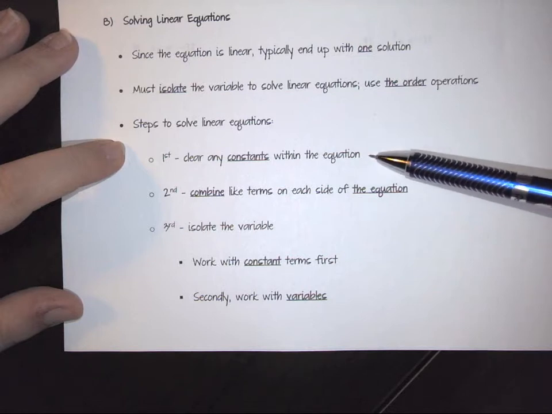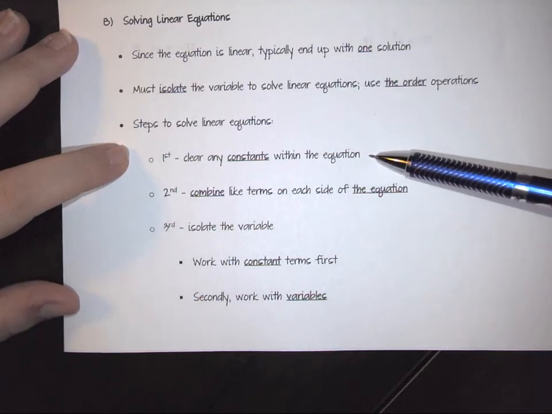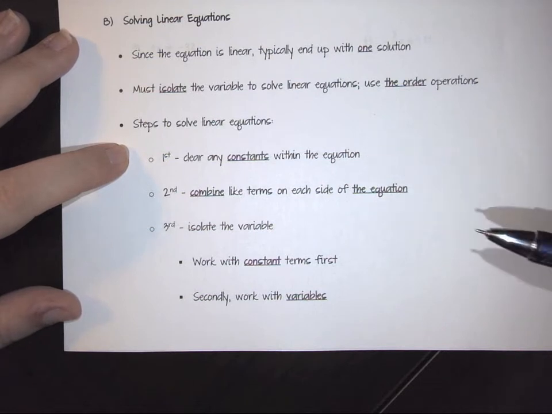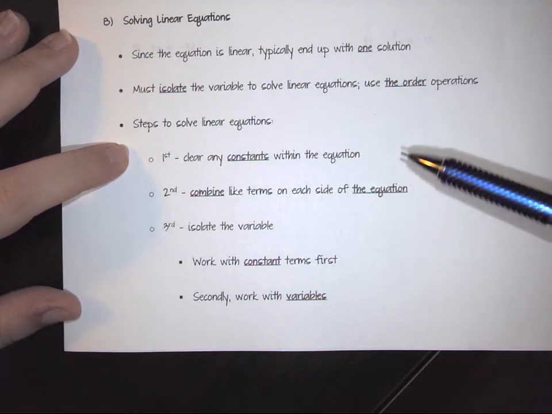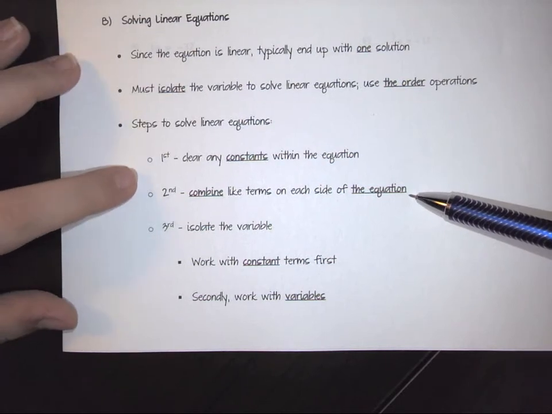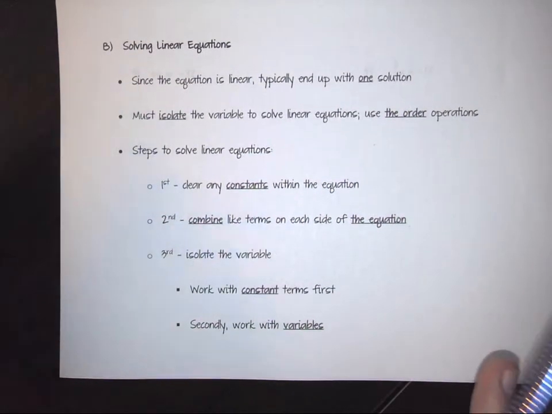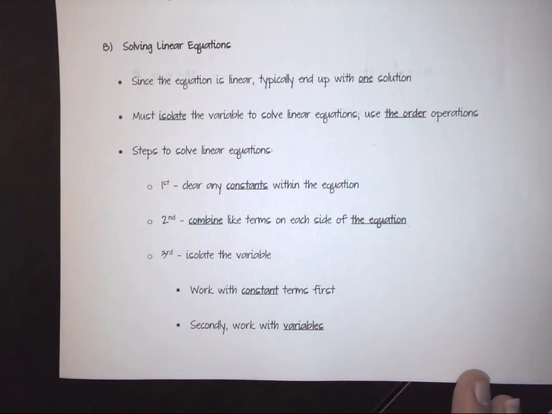First, we want to take any constants that are on the side with the variable and move them across the equal sign. Then we want to see if we can combine any like terms. And last, we want to isolate that variable to figure out what it equals, thus solving for it.